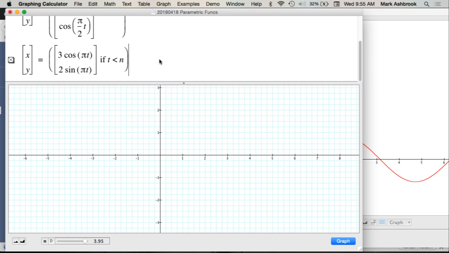So without technology, what's going on here, right? What is this function all about without technology? And how are we going to think about it? Covariationally.